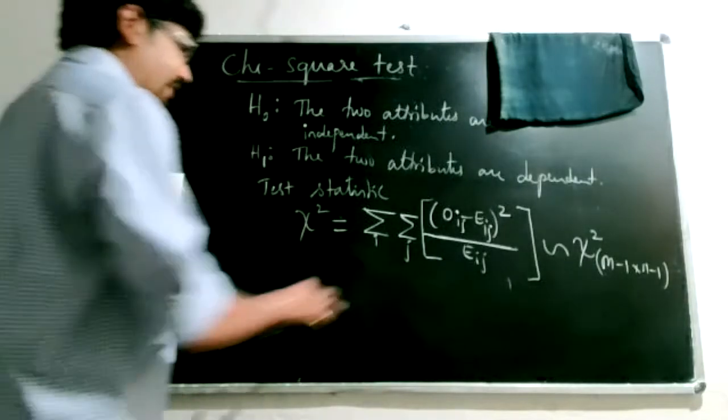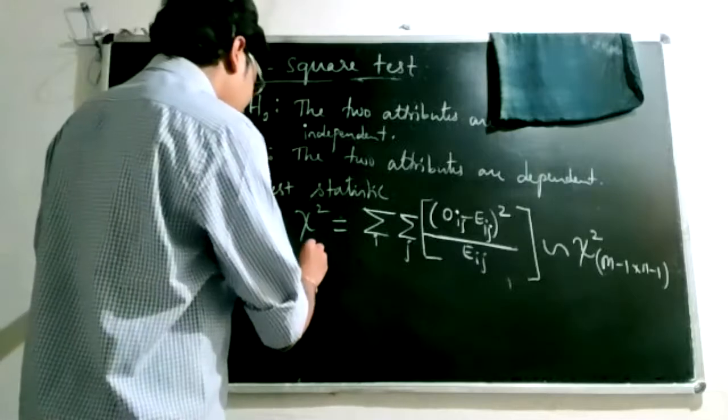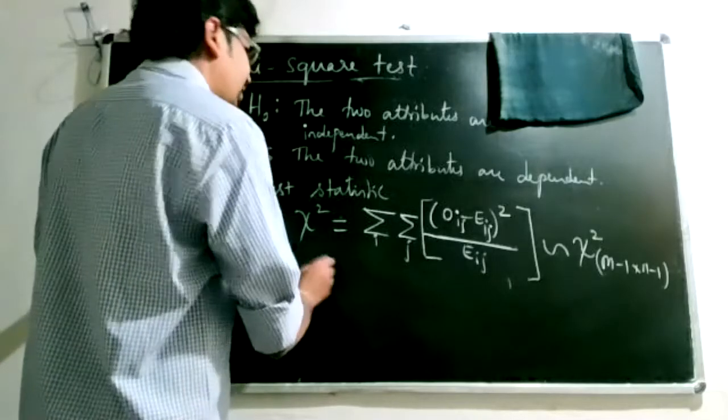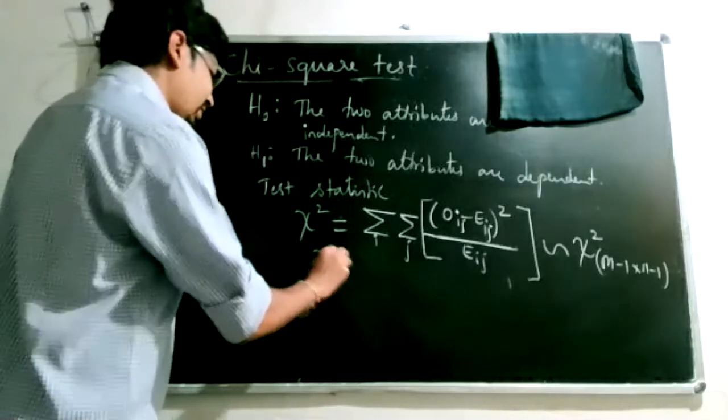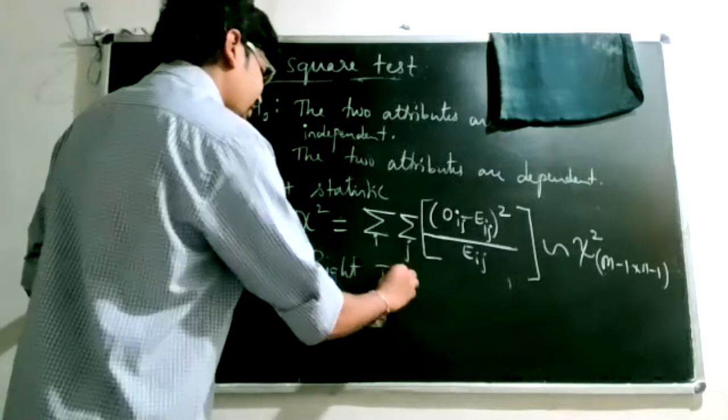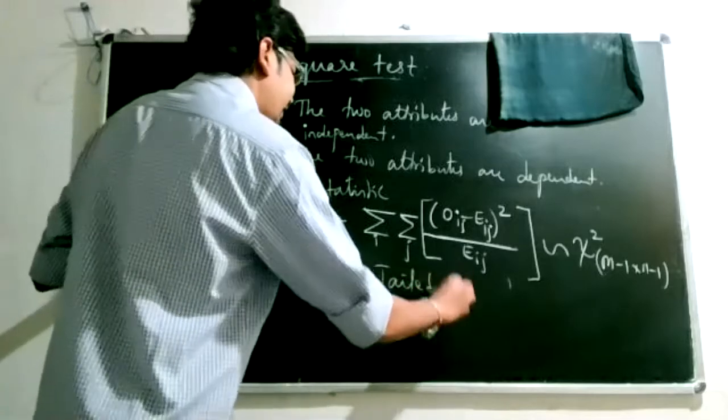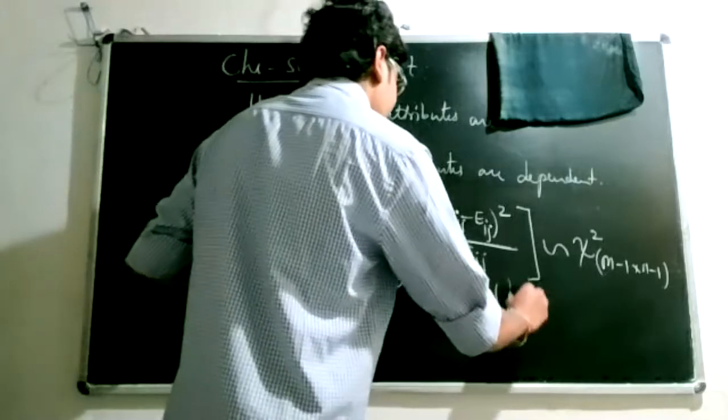So you have observed some data, and let me just complete the procedure and later let me make you understand this. This is always a right tail test, one tail test.